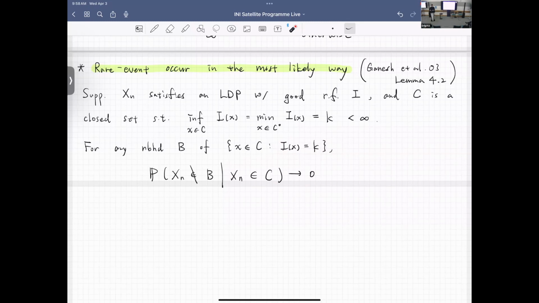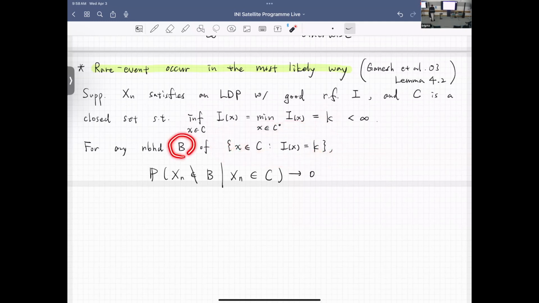Is this correct? Could you repeat the take-home message again? Oh, so this set B is something that's just slightly larger than the set of scenarios that contain the most likely ones. Remember that I encodes the rarity, so small I means more likely. So the infimum of I is the most likely one within C, and that value was K. This set is the scenarios that correspond to that value, so these are the most likely scenarios.